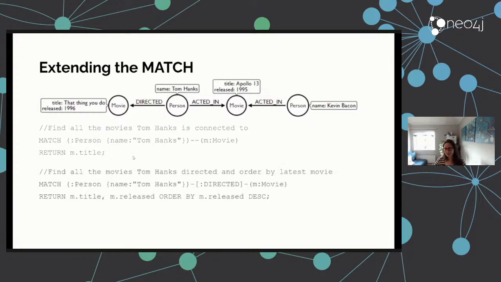If we said we want to be a bit more specific, and return all of the movies that Tom Hanks has directed, and a little bit further, order them by the newest movie. Again, this is familiar. We are matching our Tom Hanks node, so we're looking for nodes with a person label with the name Tom Hanks. We're now specifically specifying a relationship type, so directed. And then again, movie.